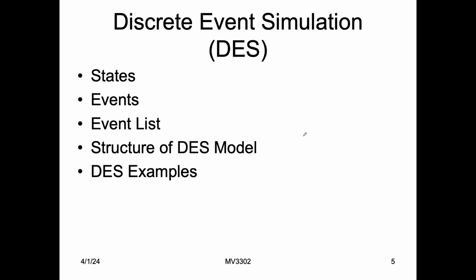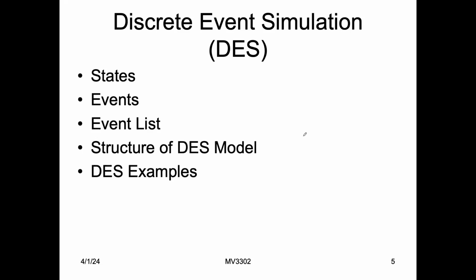Events, those are the things which cause the states to change. And the mechanism by which that occurs is something called the event list. The event list is basically a sorted set of all the events that we know about that are going to happen in the simulated future.